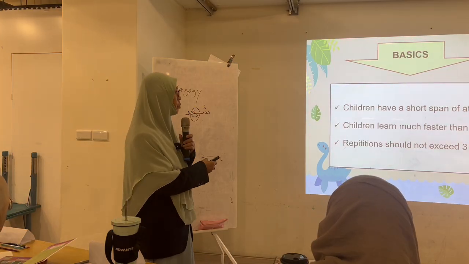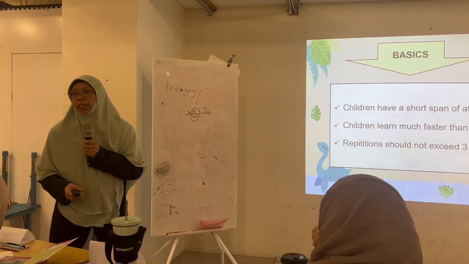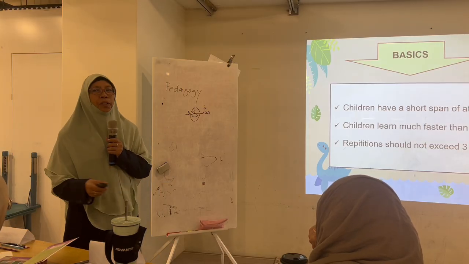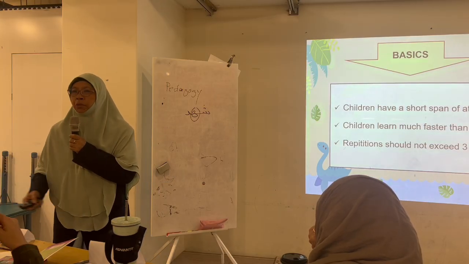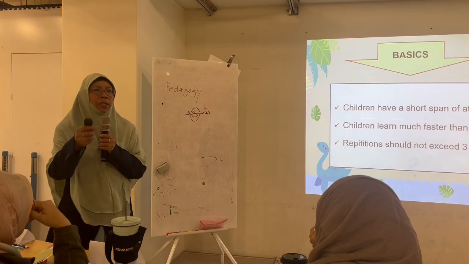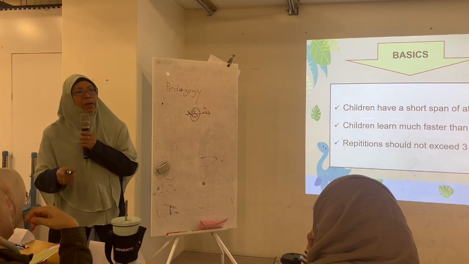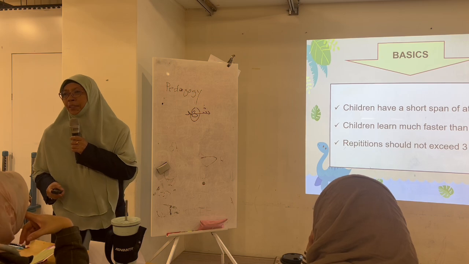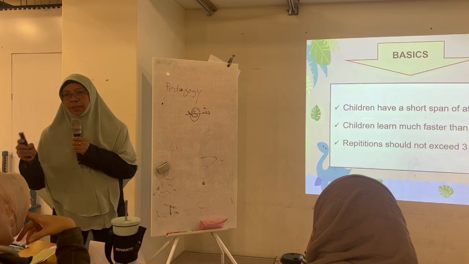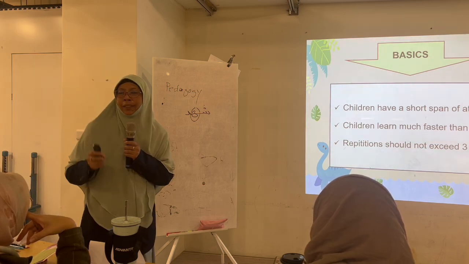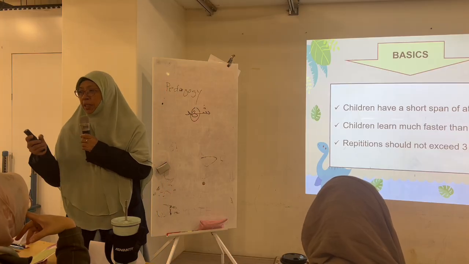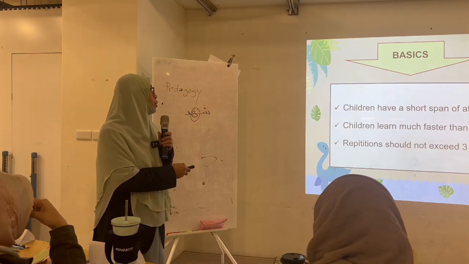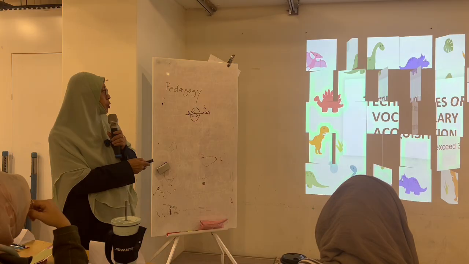Yes, yeah. So basically, usually, even with your own children, you say go and do salat. After 3 times, don't say go and do salat or go and eat or keep quiet. You say 5 times also, they won't listen. So up to 3 times, stop, do something else. Do something else, okay? So this is the basics that we should know about children.